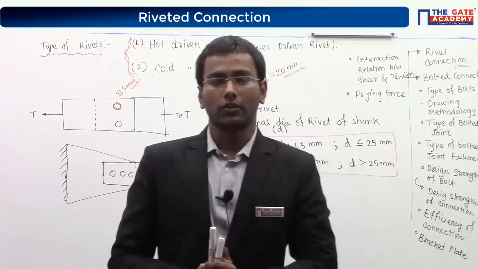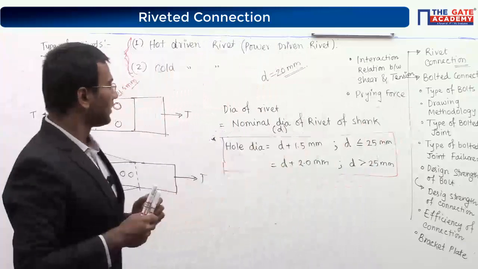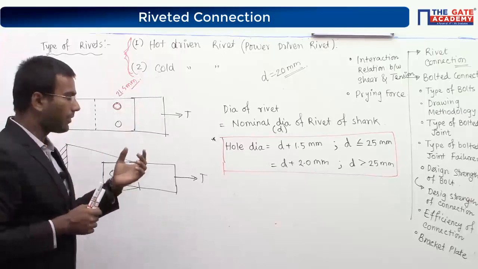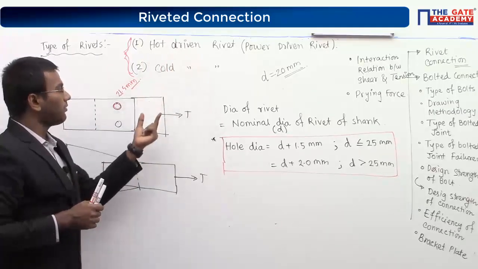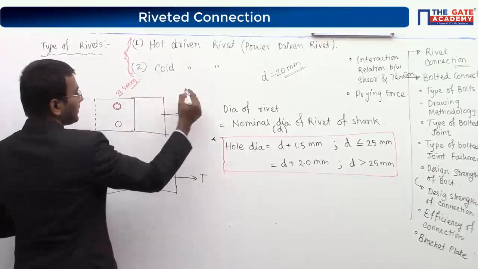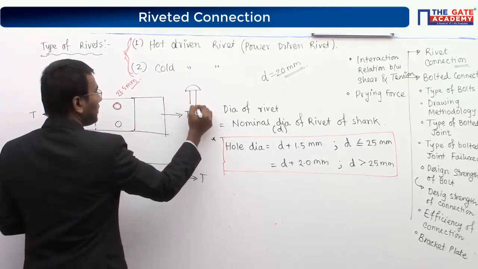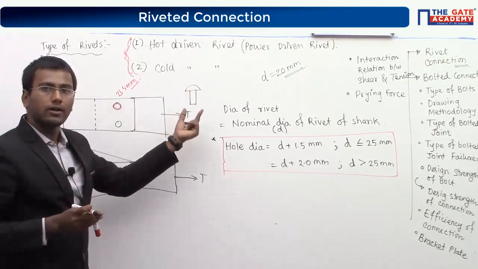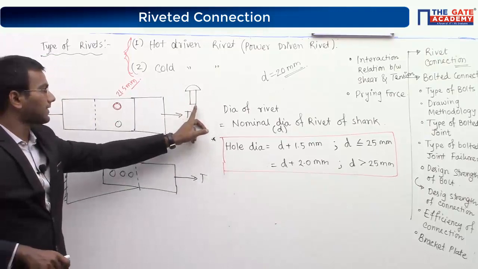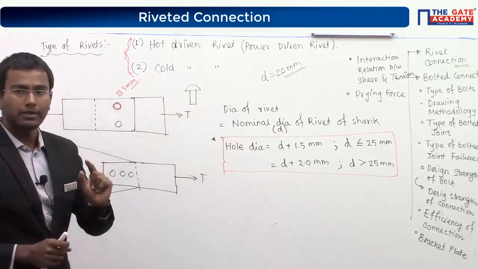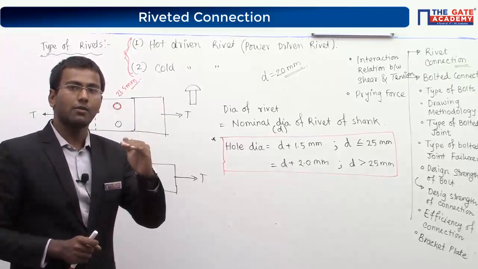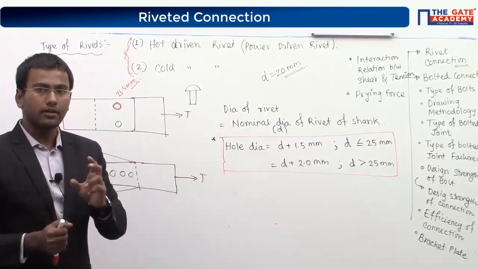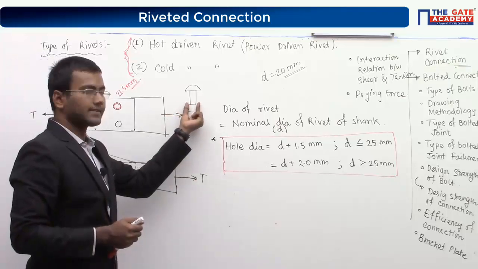Now why? The question is, sir, just imagine when you have done the hot riveting, what will happen? In hot riveting, the diameter of the rivet shank will increase, right? But after hot riveting, at a certain time, the rivet connection comes to normal temperature. If it comes to normal temperature, again the diameter of the rivet decreases.